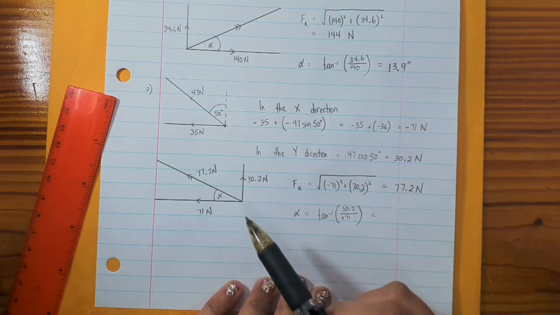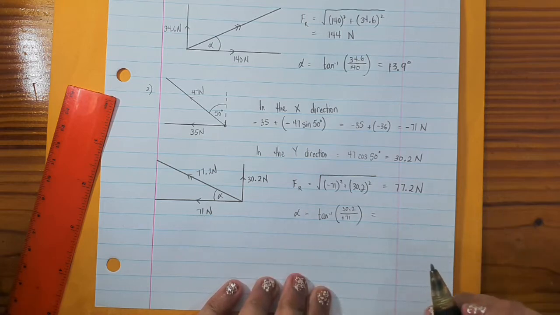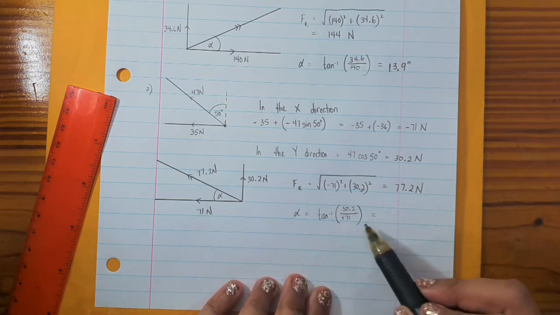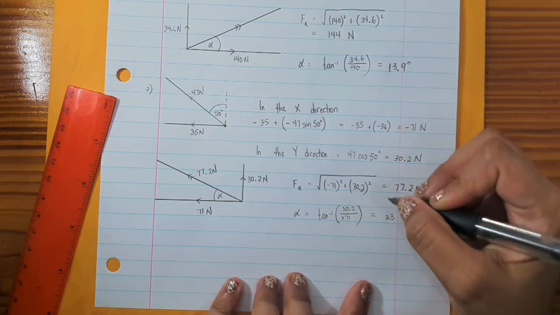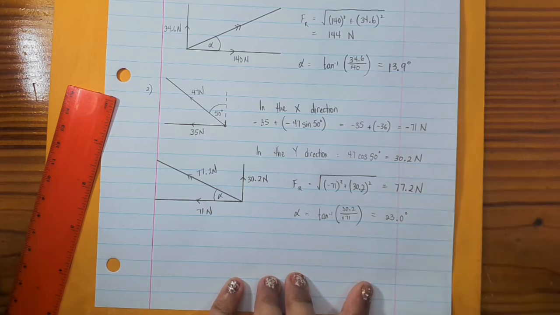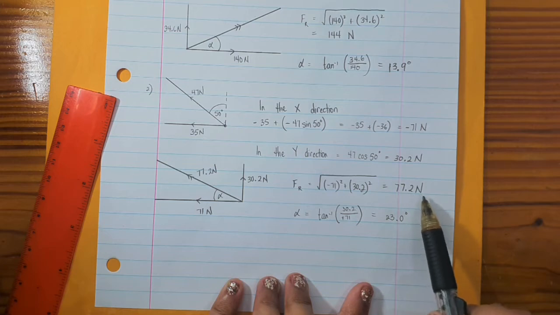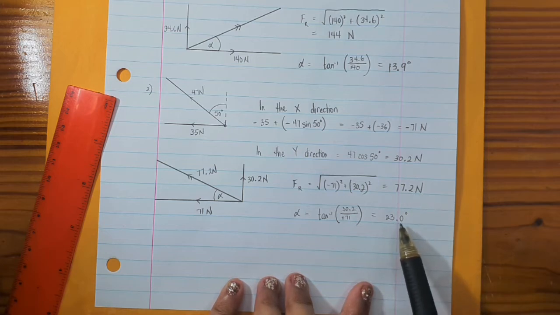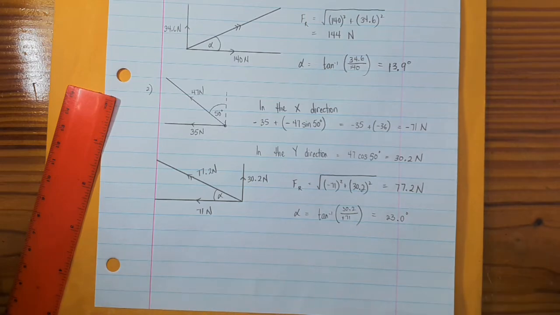I'm letting my diagram speak for direction, so I'm just going to use the magnitude of the vector, which is 71, and tan inverse of 30.2 over 71 gives me an angle of 23.0 degrees. So my resultant force is 77.2 newtons acting at 23 degrees from the horizontal component. So moving on to questions 3 and 4.